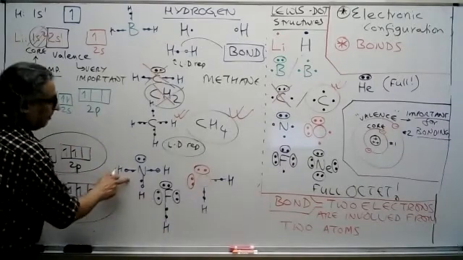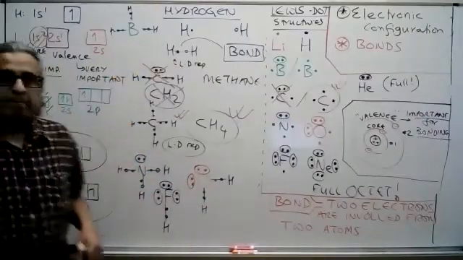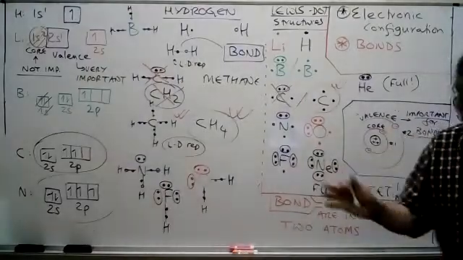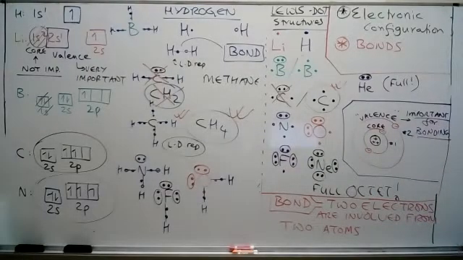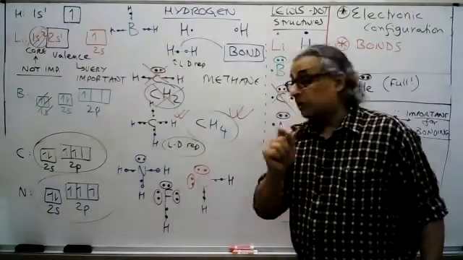HF, NH3, H2O, CH4, BH3. This is how you do the Lewis dot structure of molecules. You must show all the electrons.